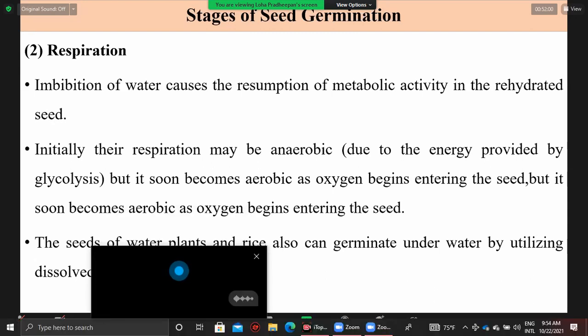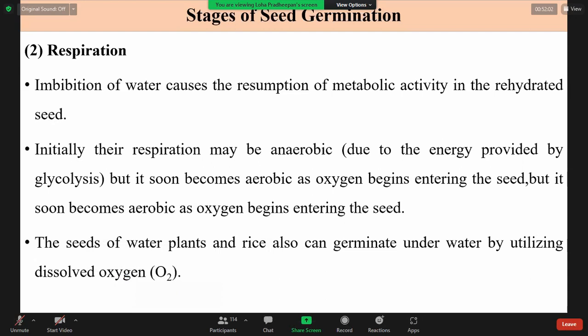So that energy should be obtained through the respiration. So that is the process happening.